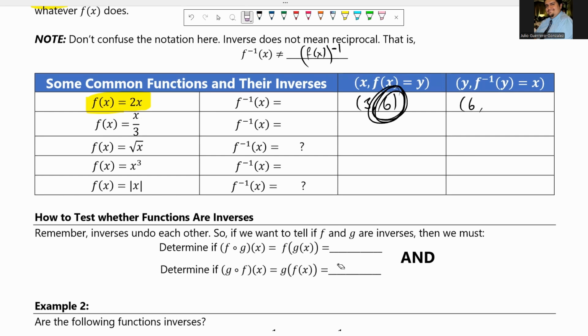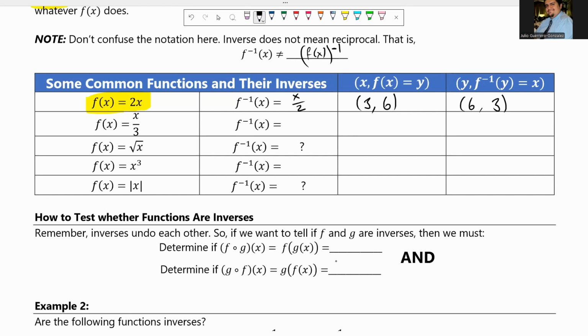And the idea is if we give it 6, we need to get 3 back, because that's what the inverse does. Think through this really quick: the original function grabbed our x value and multiplied it by 2. So that means that our inverse has got to do the opposite. It's got to divide by 2. And it turns out x over 2 is the inverse.